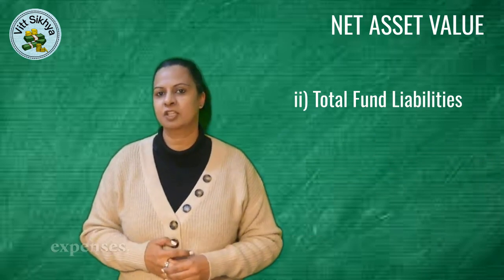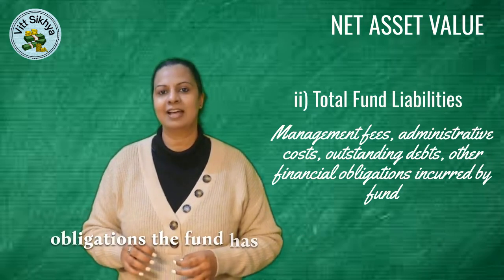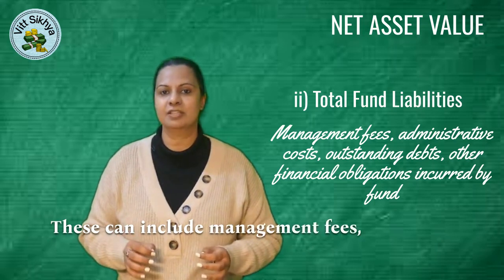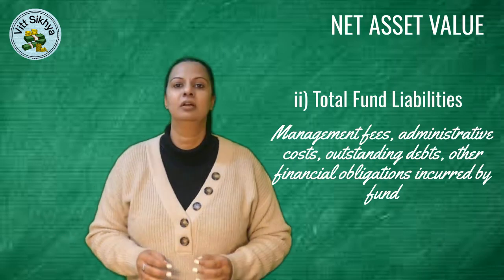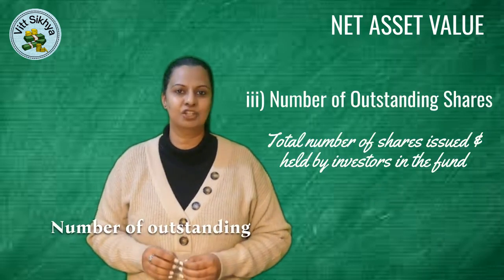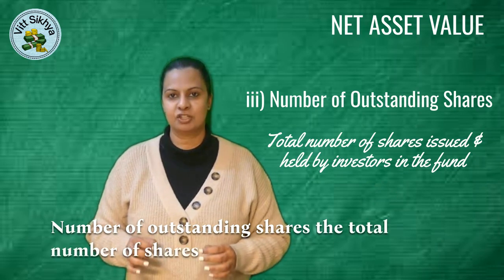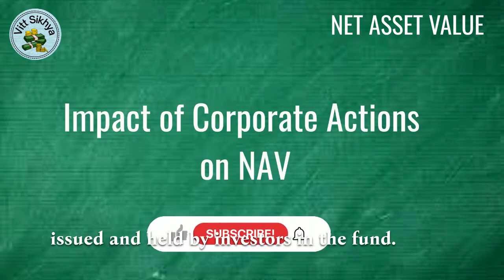Liabilities encompass expenses, fees, and other financial obligations the fund has incurred. These can include management fees, administrative costs, and any outstanding debts. Number of outstanding shares. The total number of shares issued and held by investors in the fund.